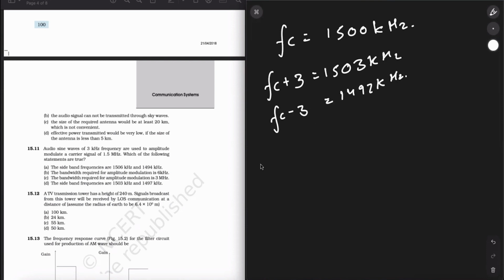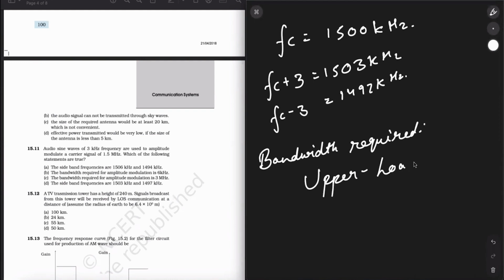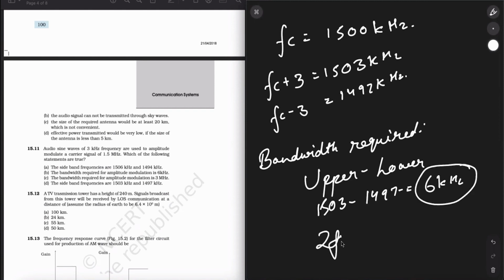The bandwidth required will be upper minus lower: 1503 minus 1497, a difference of 6 kilohertz. So the bandwidth will be 6 kilohertz, or simply 2 times the modulating frequency. That is the bandwidth required.